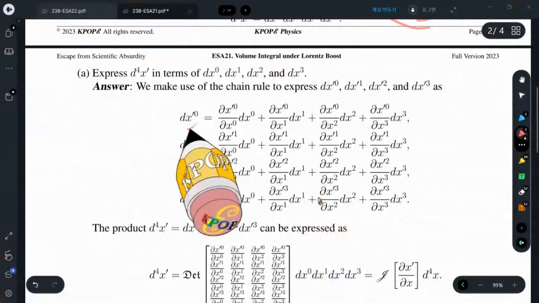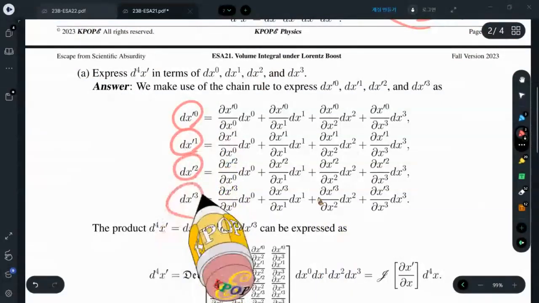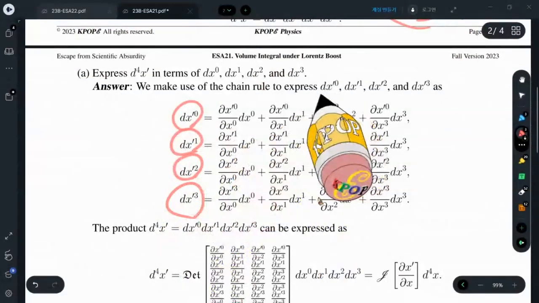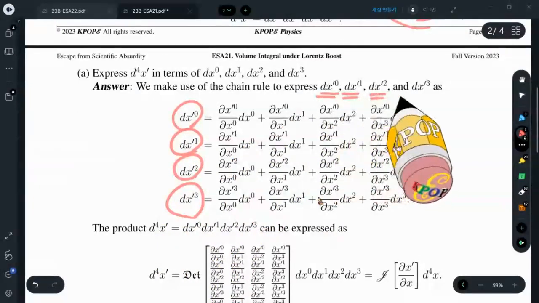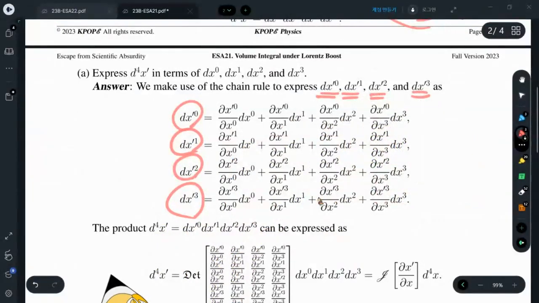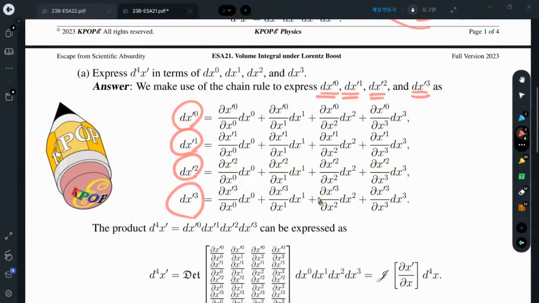First of all, the final result for the differentials of the new coordinate can be directly computed from the matrix.